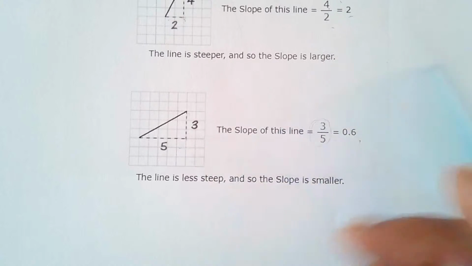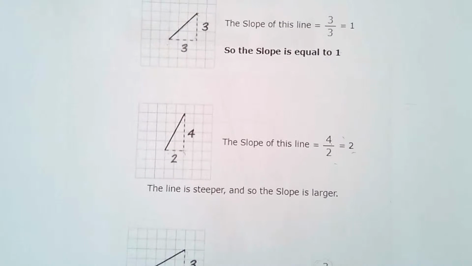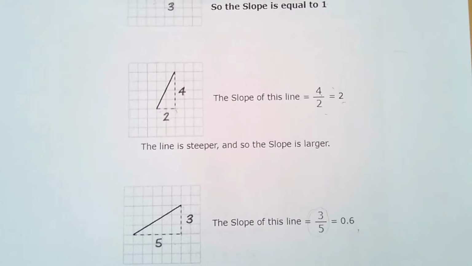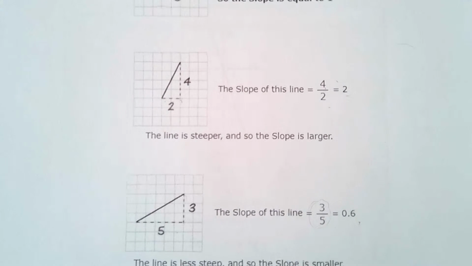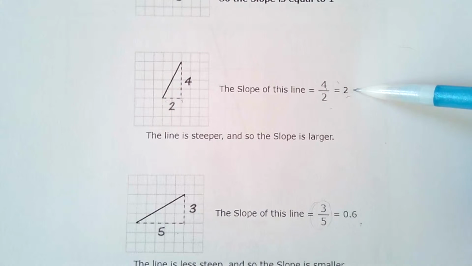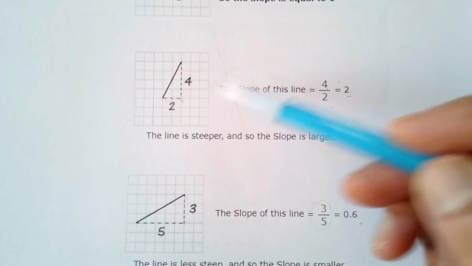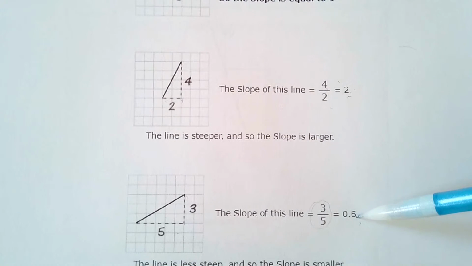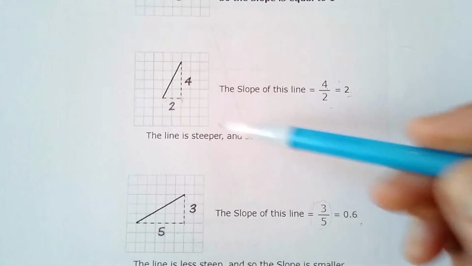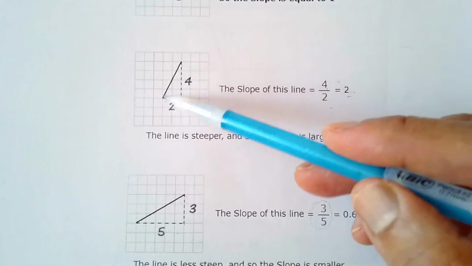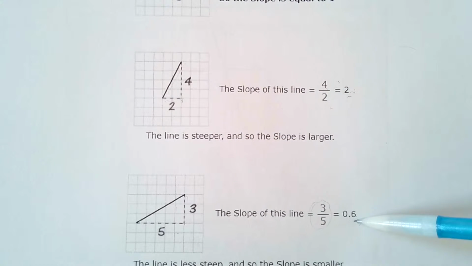Comparing these lines, the slope will indicate to you the steepness. The greater the number, the steeper the slope. Here we have a slope of 2 compared to a slope of 0.6. A slope of 2 is much steeper than 0.6.